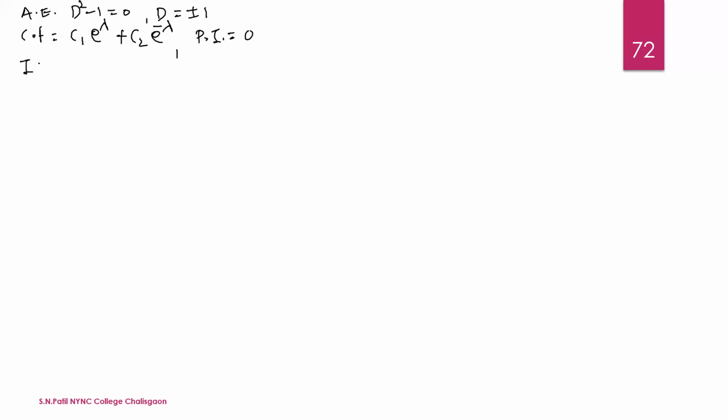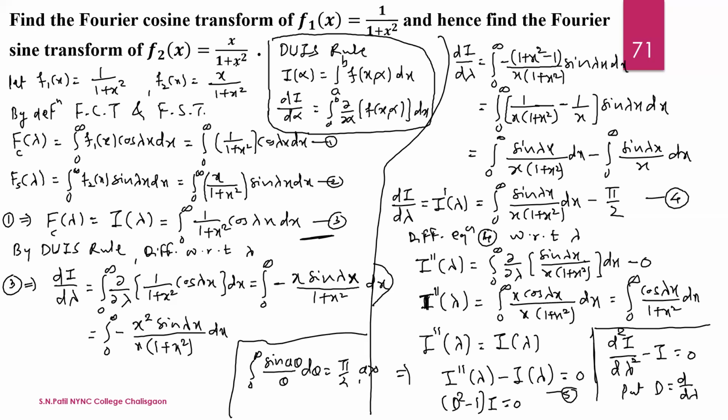Then the solution is I of lambda is equal to CF plus PI, meaning complementary function plus particular integral, that is C1 e raised to lambda plus C2 e raised to minus lambda. That is the solution of the problem, call it equation number 6.